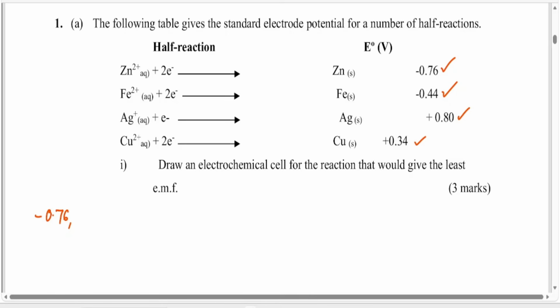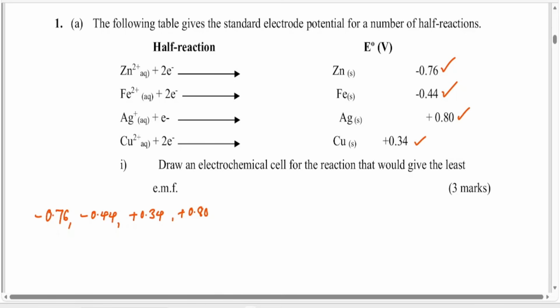Then I have iron 2, negative 0.44. Then I have copper with positive 0.34. And lastly, I have silver with positive 0.80.